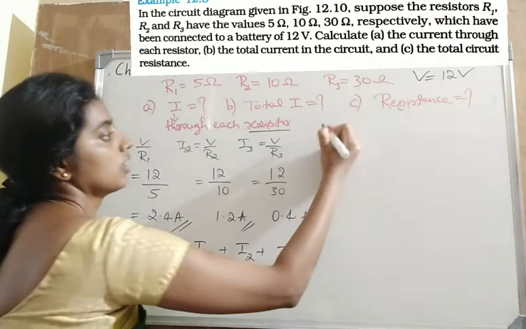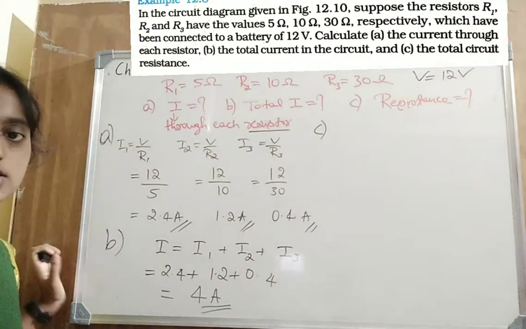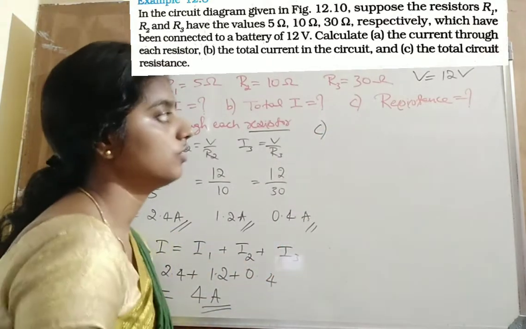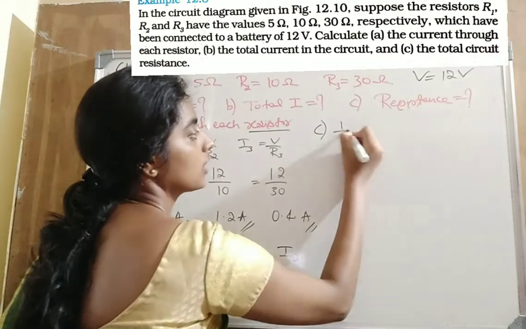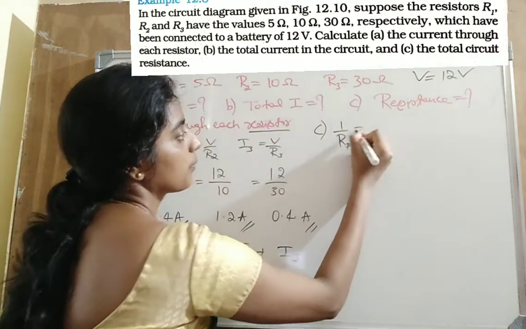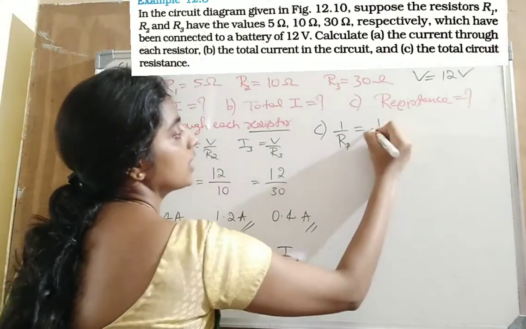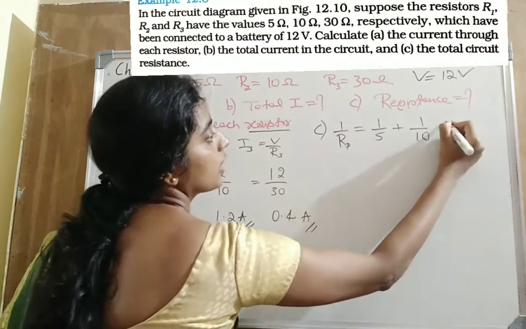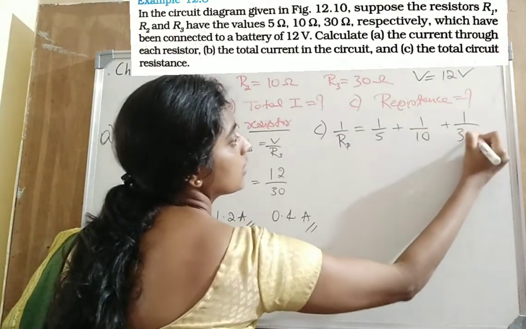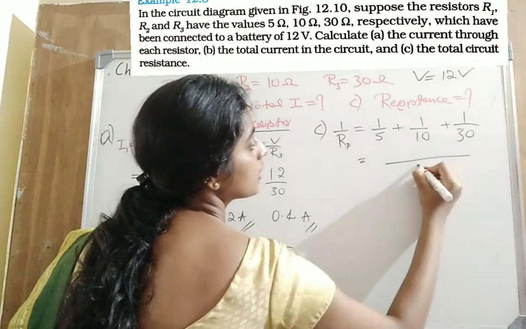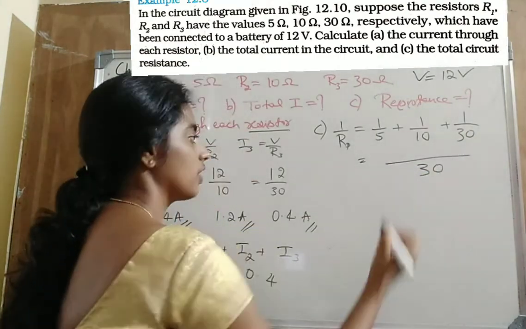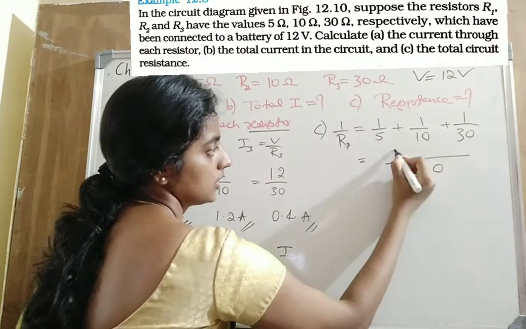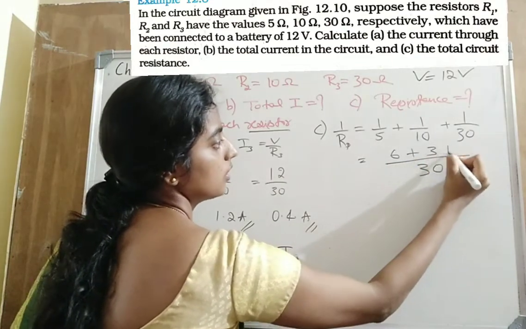And see, the third one is resistance. Use the formula of resistance in parallel, Rp. So directly I am going to substitute 1 by 5 plus 1 by 10 plus 1 by 30. Here the common denominator is 30, so 6, 3, 1.